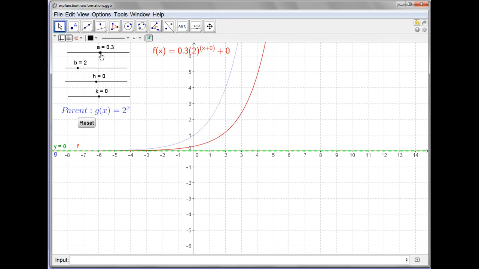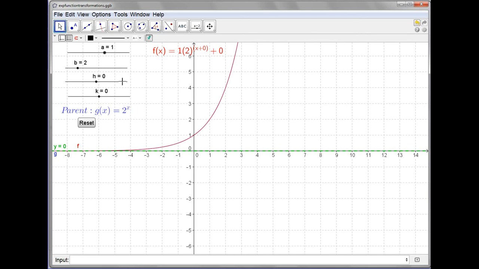So you can see a is this coefficient here, what it does to the graph. I'll let you try and figure out how you would word that. These are important. We've looked at what these different parameters do to the graphs before, but as you can see, it changes the graph as we change a, if we take it back to 1. B, we're not going to talk a lot about changing b at this time. That's the base here.